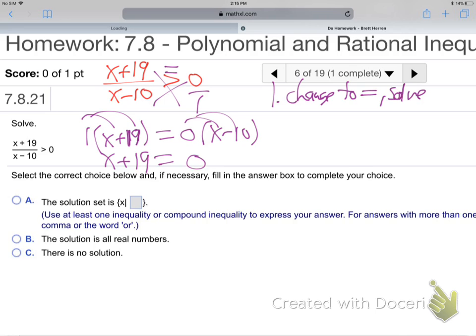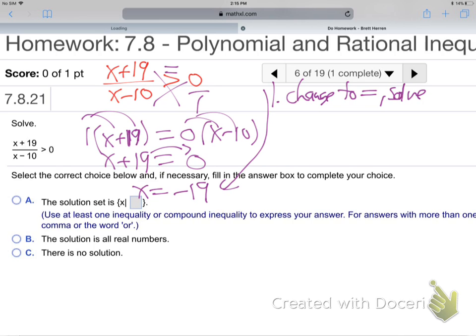We good there? And then move that 19 over. X equals negative 19. We good to there? So we got our X answer there. We good on that one? So that's the answer from step number 1.